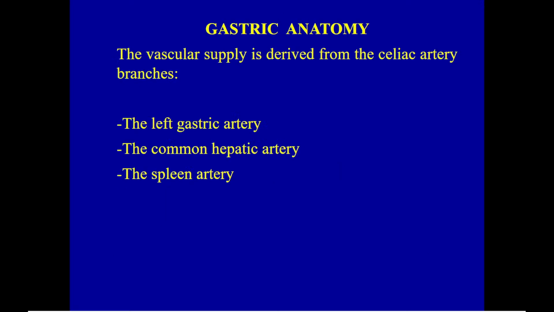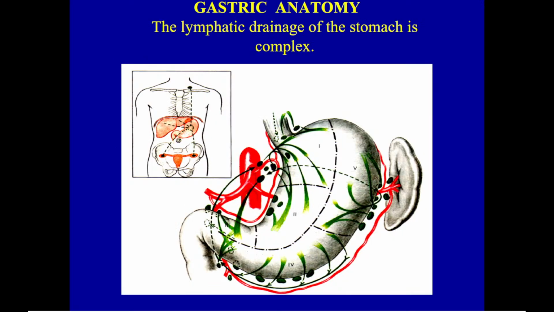The vascular supply is derived from the celiac artery branches: left gastric artery, common hepatic artery, and splenic artery. The lymphatic drainage of the stomach is complex.